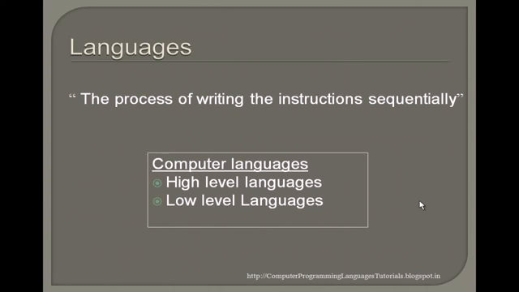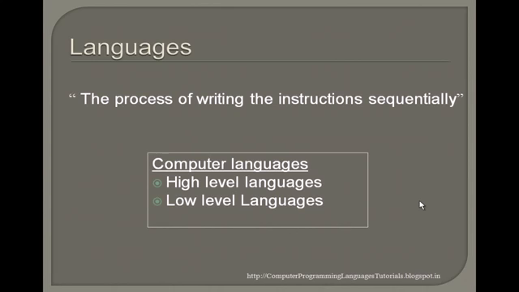From the programming point of view, the process of writing instructions sequentially is known as language. In real life, we do our work using some logic or some sequence. Here also we need some sequence.